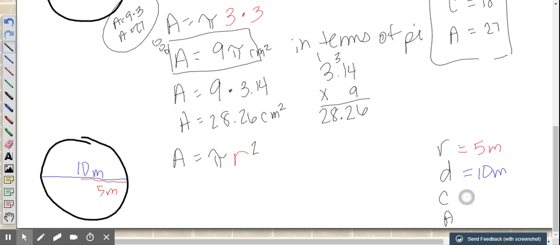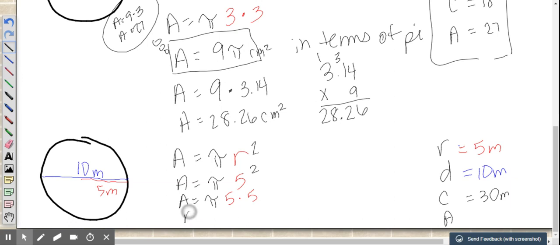We know the circumference is close to 30, right? 30-ish. And we know our area, we got to use this formula. It's not something we can just do off the top of our head. So our radius, we said, was 5. So area equals pi. Remember, we're going to write that as 5 times 5.